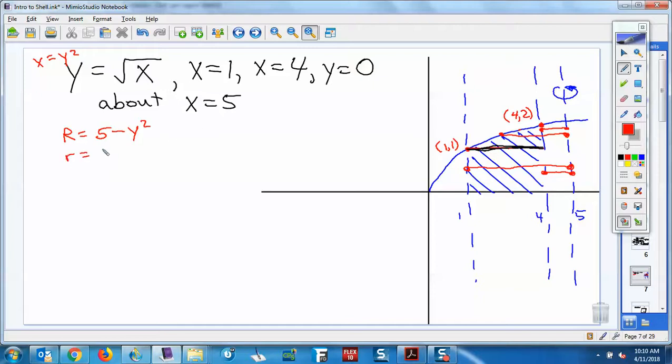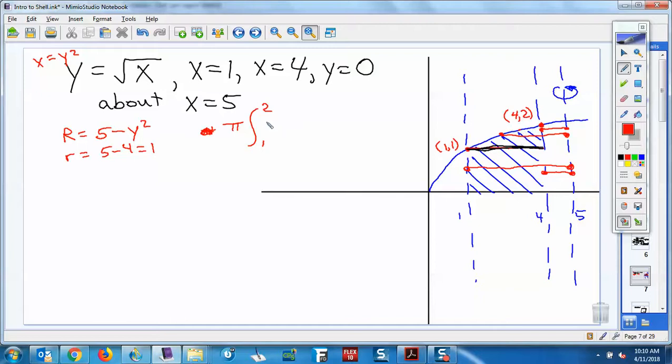What's little r? 5 minus 4, which is 1. So we get pi, and the integral is going to go from what to what? 1 to 2, right?